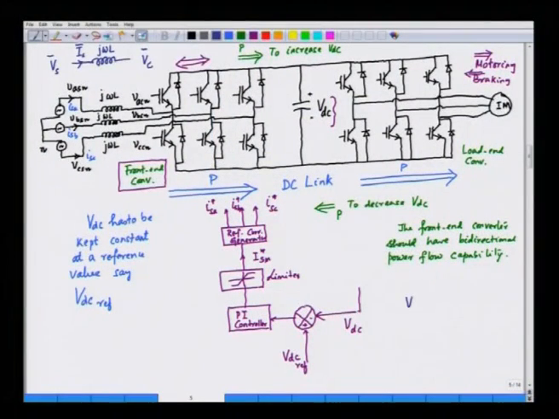So, we can say here that Vs is equal to j omega L Is plus Vc.